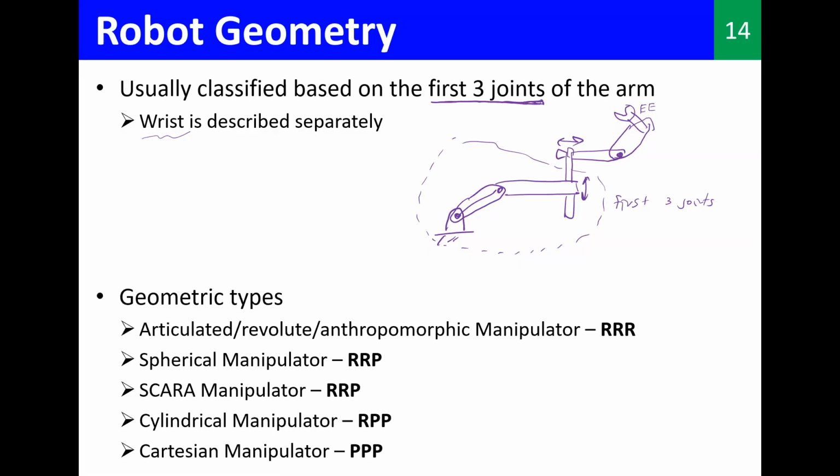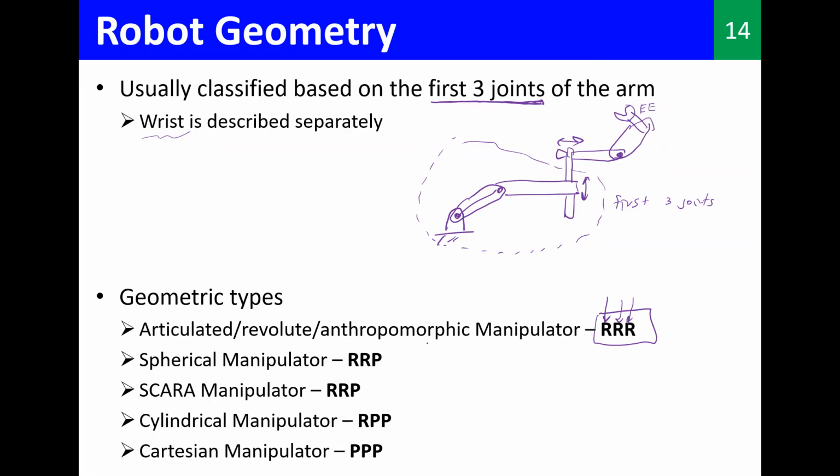So there are 5 most commonly used types in this category. First, we have something called an articulated, revolute, or anthropomorphic manipulator. RRR means our first joint is revolute, second joint is revolute, and this is also revolute.